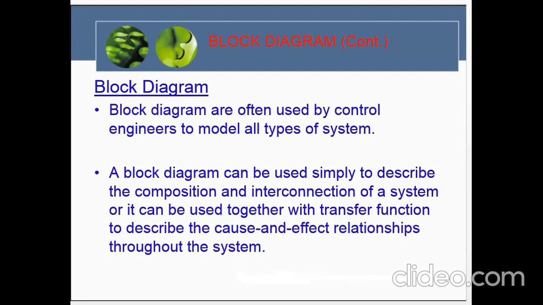A block diagram can be used simply to describe the composition and interconnection of a system, or it can be used together with transfer functions to describe the cause and effect relationship throughout the system. This is why control engineers use block diagrams.